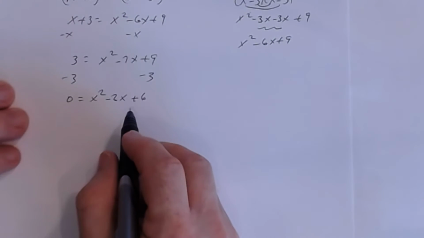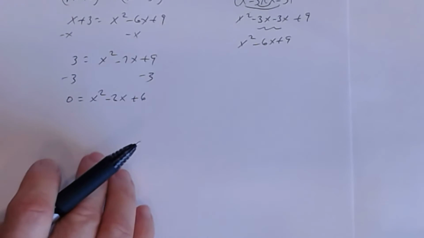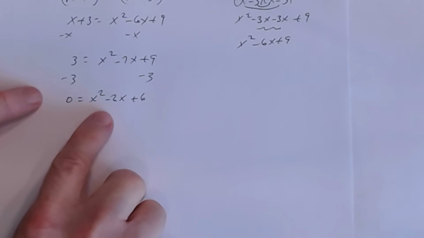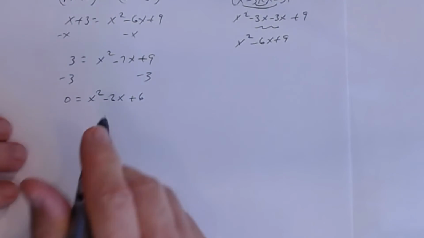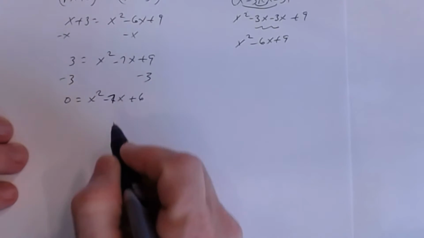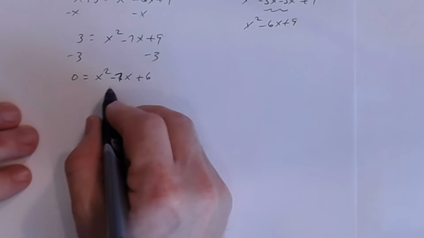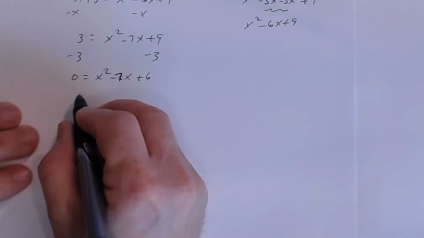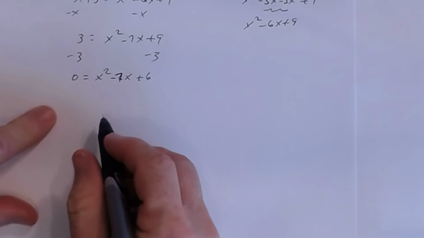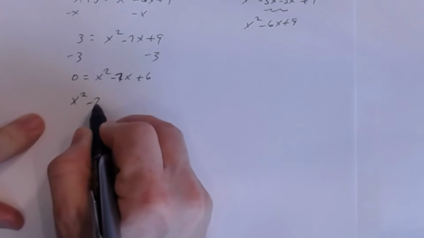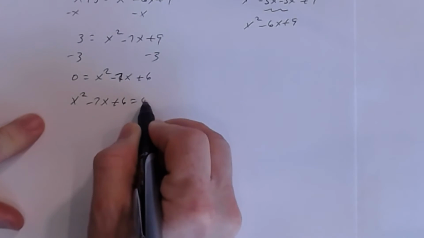All right, and so now I think I made an error somewhere. Oh, that's 7x, I'm sorry, minus 7x. Okay, so minus 7x. All right, so then these are going to be factorable, so let's go ahead and factor this. And I'm going to go ahead and transpose the sides. So I get x squared minus 7x plus 6 equals 0.